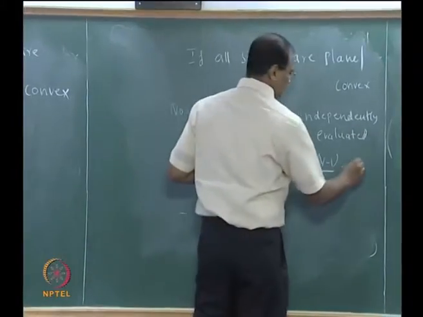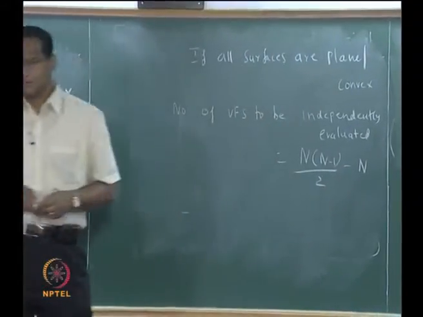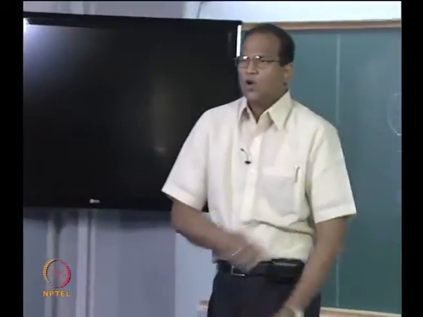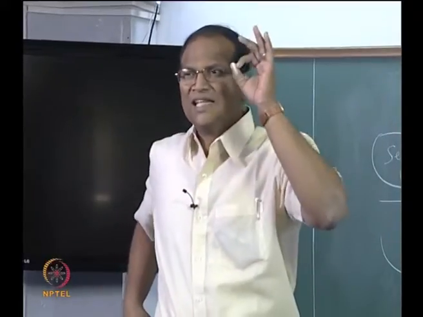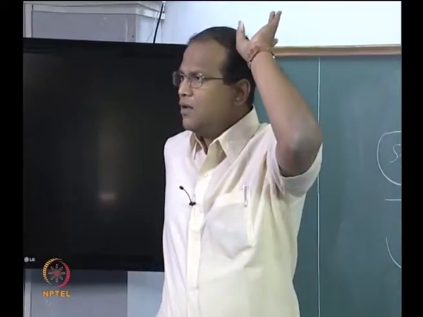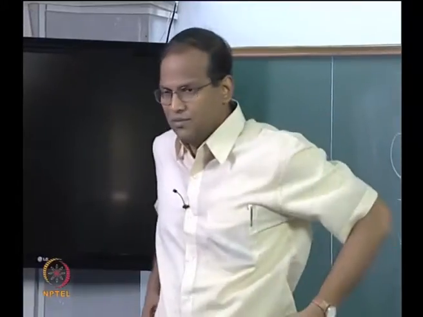Very good. So the goal of the view factor algebra is to ultimately determine the number of independent view factors which have to be evaluated necessarily by adopting that cos theta i, cos theta j.